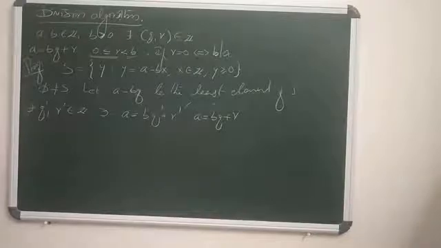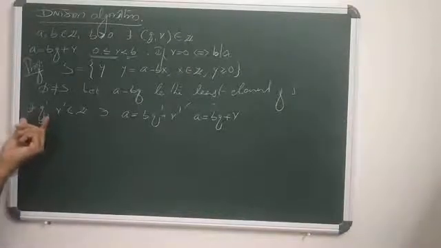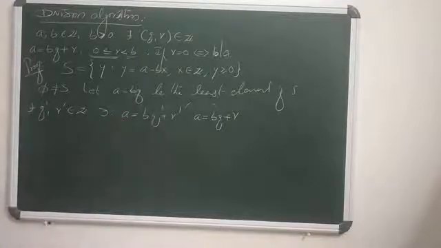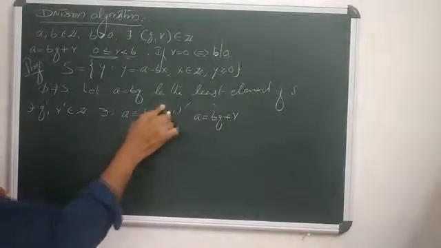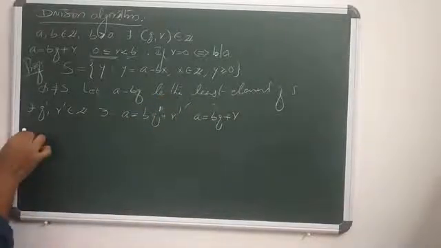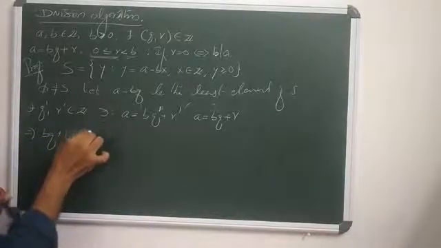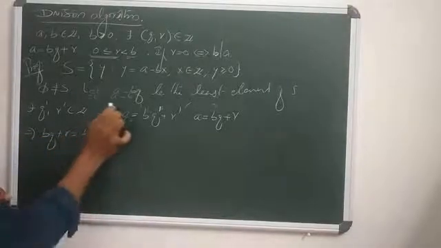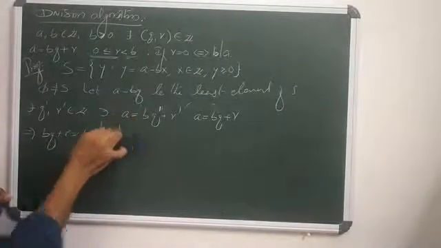If possible, there exists another pair of integers q' and r' such that a = bq' + r'. But here a = bq' + r' as well as a = bq + r. That means bq + r = bq' + r'.